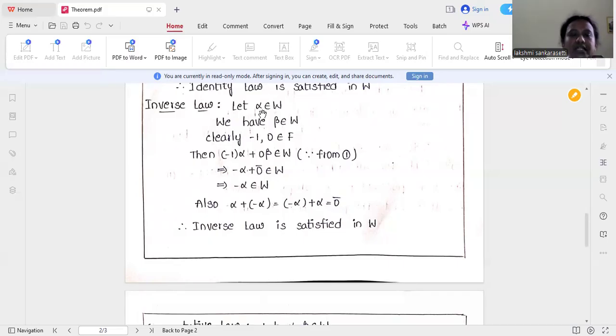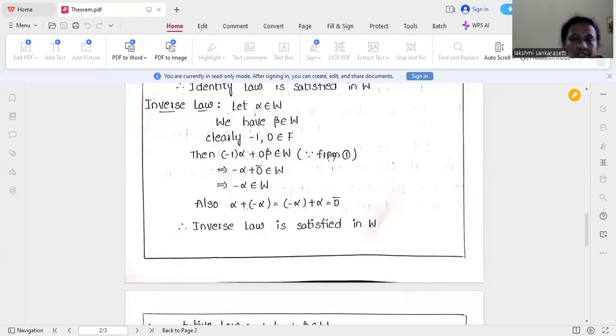So the selected element alpha belongs to W, and already we have from the selection beta is also an element of W. And clearly we can consider minus 1, 0 as the two scalars from F because F is a field. Corresponding to the scalars A, B as minus 1, 0, we can take A alpha plus B beta belongs to W again from equation 1.